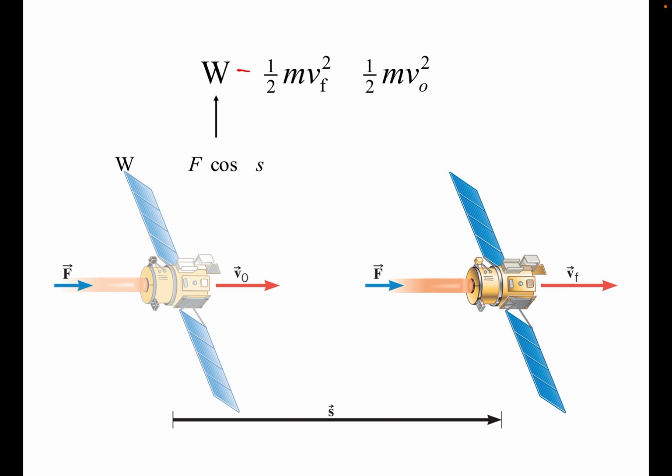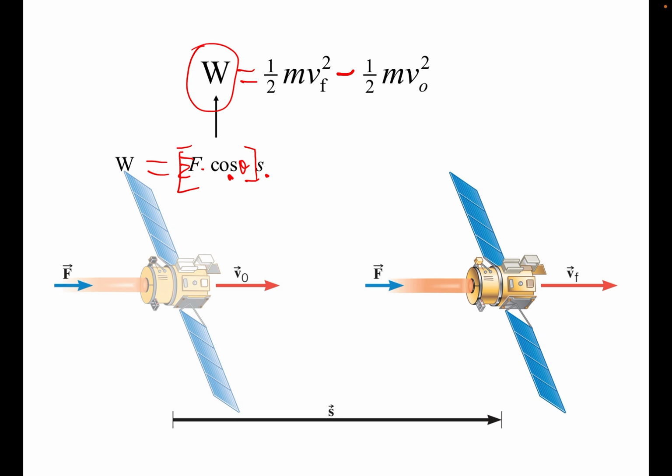First, we analyze the problem. It gives us the force and displacement, so using that, we can calculate the work done by this force. The force is in the same direction as the displacement.